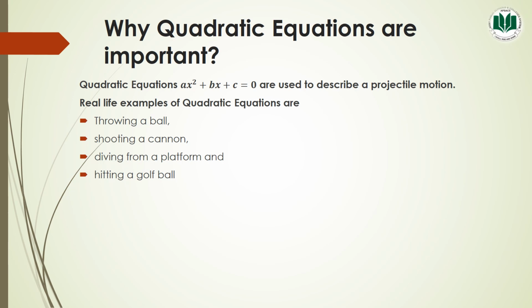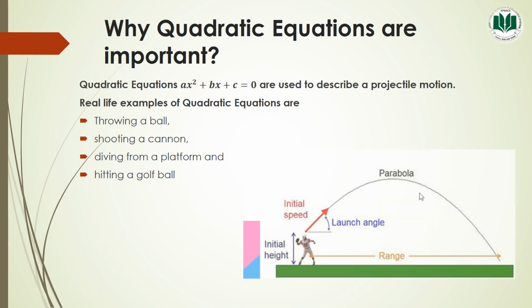And to find the parabolic paths, we need quadratic equations. This is the example of a projectile motion, and this is the shape of a parabola. And quadratic equations represents parabola graphically actually, and quadratic equations also represent circles and ellipses. So quadratic equations are very important.